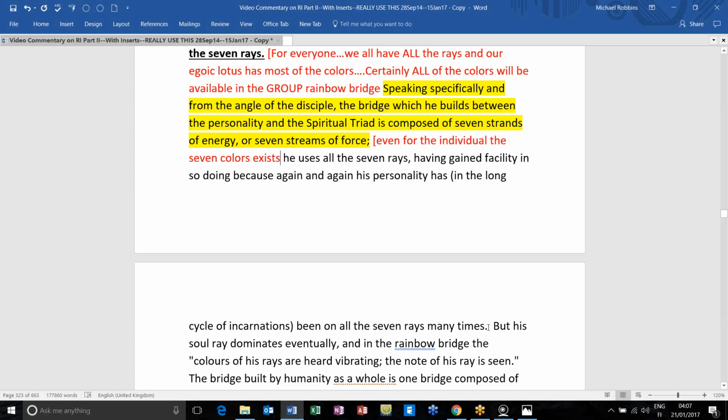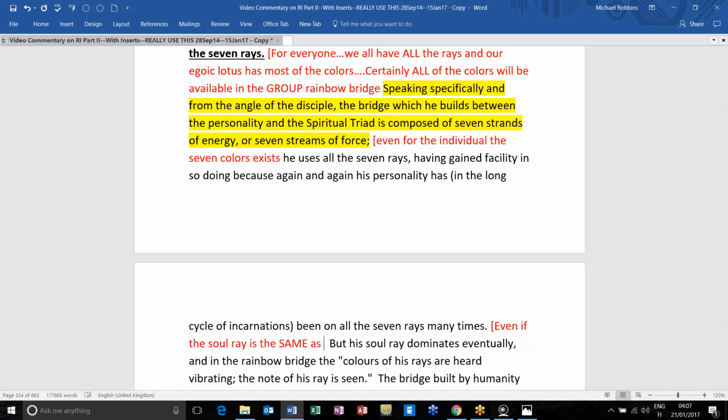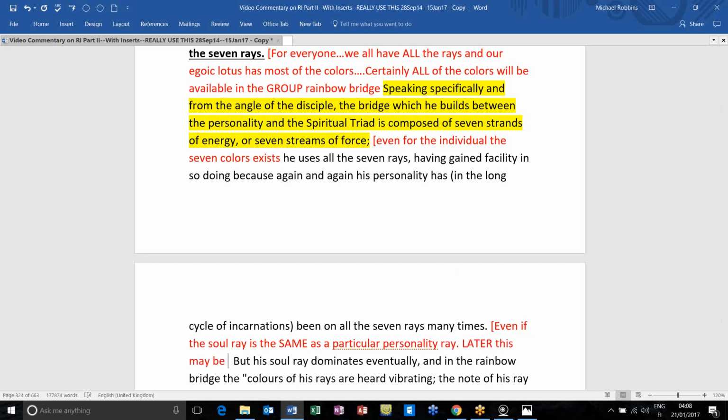Now, this is quite an interesting hint, because we might say even if the soul ray is the same as a particular personality ray, later this may be possible, but is it possible earlier?